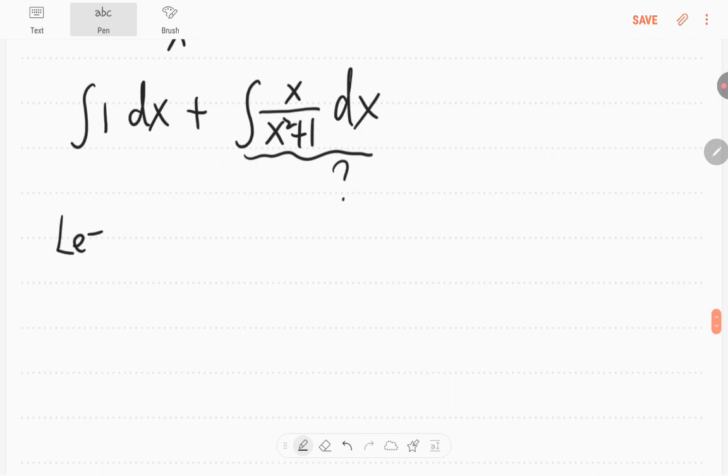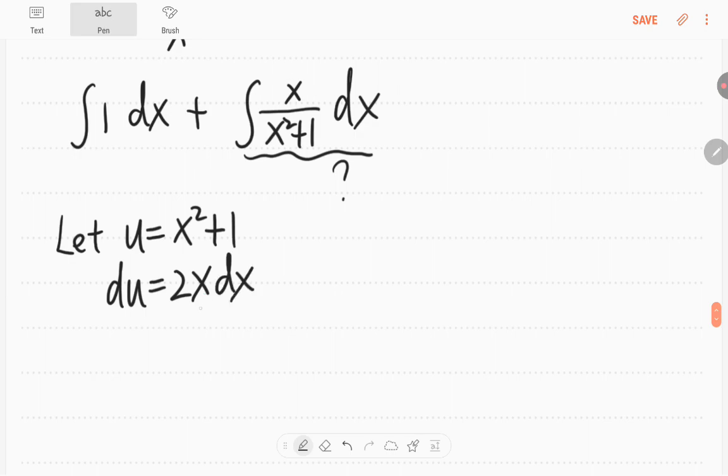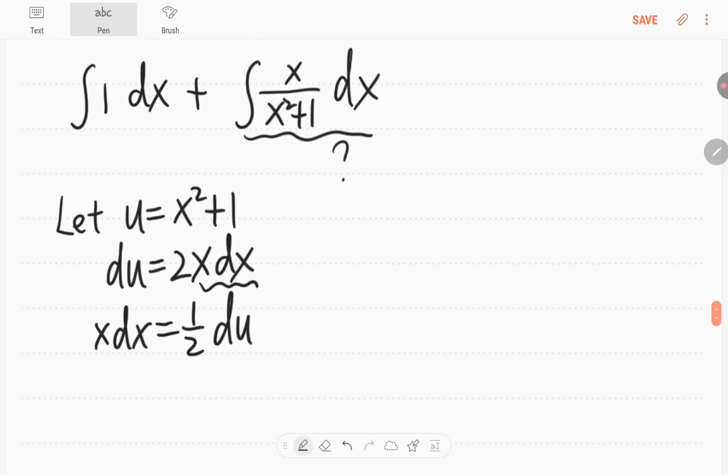So we let u equals x squared plus 1. Then du equals 2x dx. You can see we have x times dx, so x times dx equals 1/2 du. Then we plug in. You will have the integral of 1, the first one, plus the integral of 1 over u times 1/2 du.